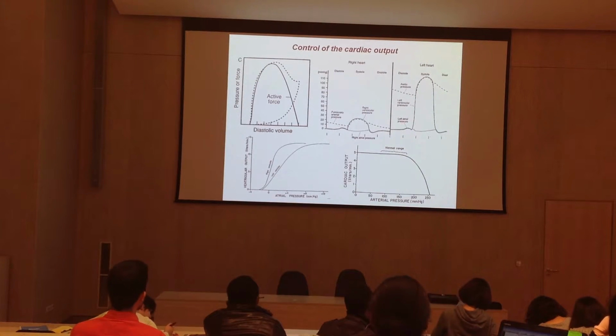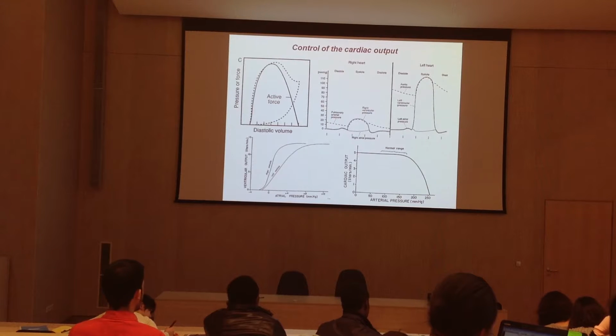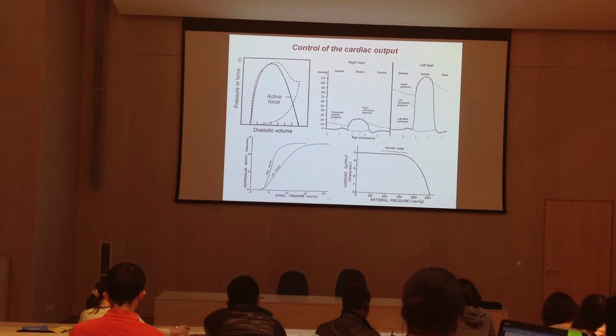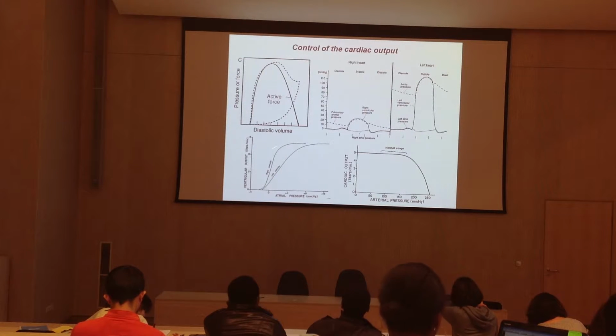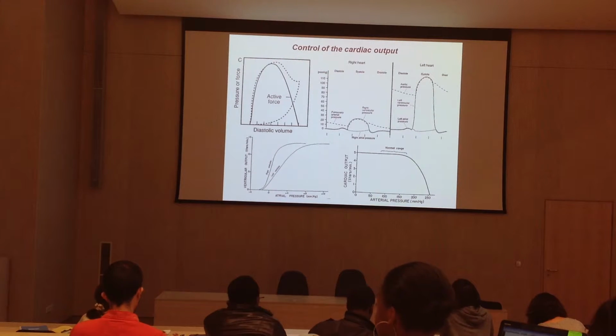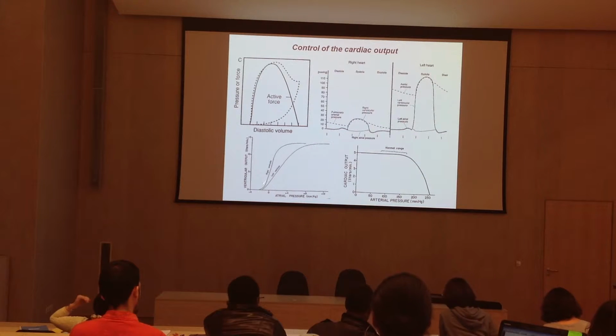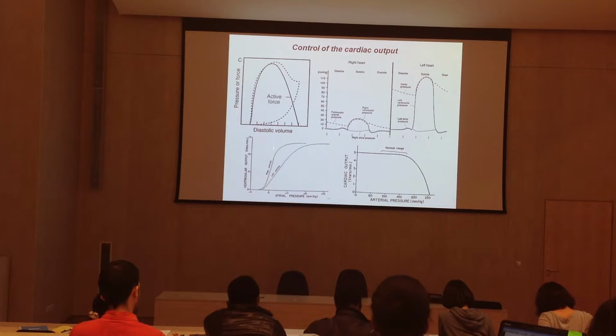Okay, so the cardiac output is controlled? No, it's not. I just would like to show you that the pressure in the heart and the pulmonary circulation is smaller, therefore the ventricular output is here at the right half and here the left half.